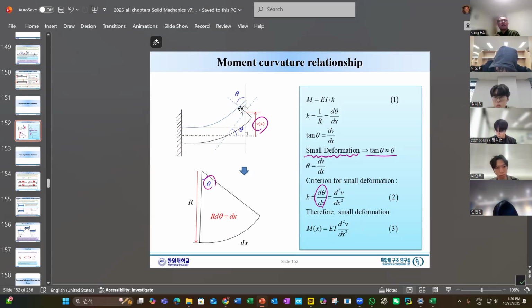At the very same time, this cross section, which was vertical, now rotates and makes angle theta with respect to the left-hand side. So this is the configuration you have to have all the time. Very important geometry.